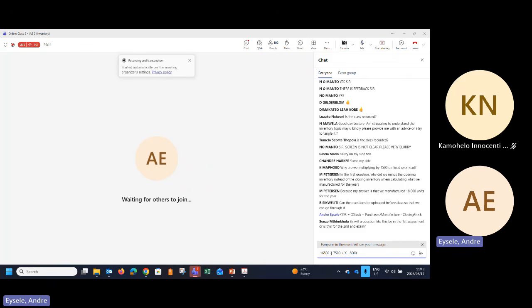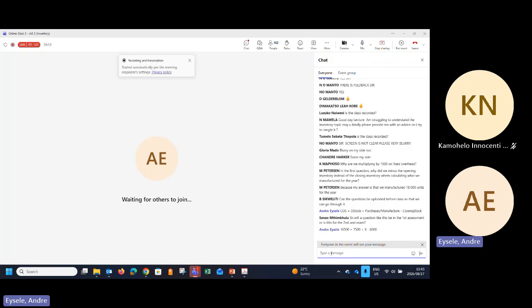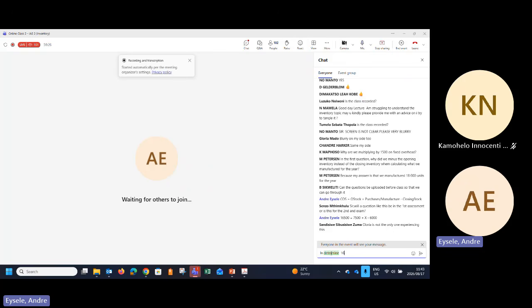So if you take this and determine X, you will say 16,500. If you bring 6,000 over, you will need to add it, and then you will remain there with 7,500 plus X.